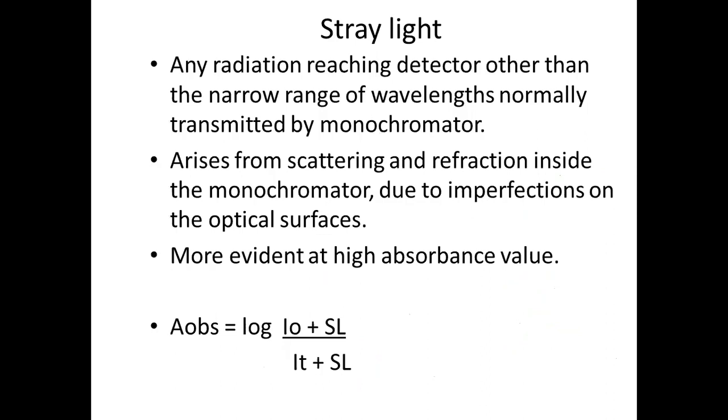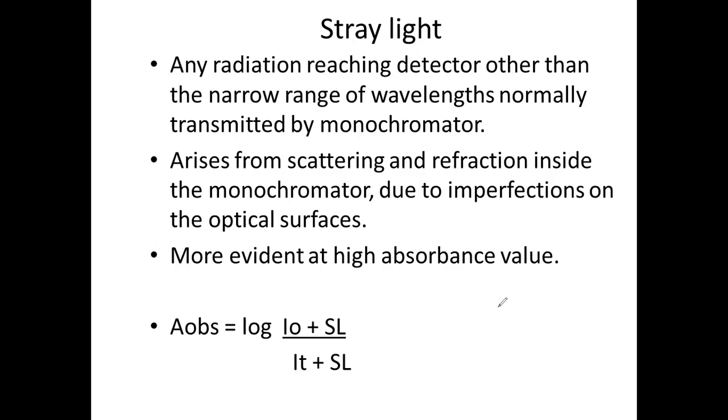Next component is stray light. This is unwanted radiation reaching the detector other than the wavelengths normally transmitted by the monochromator. Generally this arises due to imperfection in a monochromator or in the optical surfaces.